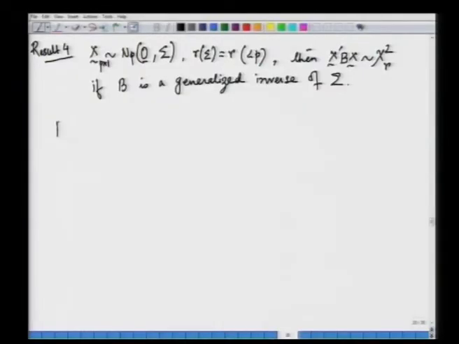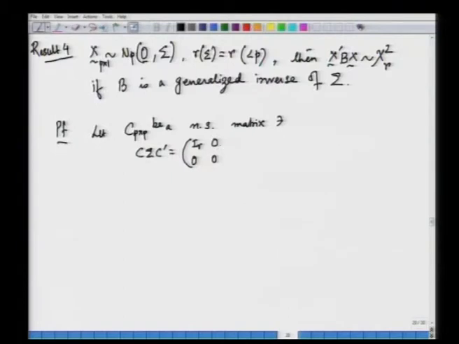So, we start with the proof of the result, and in the very beginning we consider some matrix C, a square matrix of the same dimension as sigma, a non-singular matrix, such that we have C sigma C transpose equal to the identity matrix of dimension R, and the rest of the blocks are all null matrices.